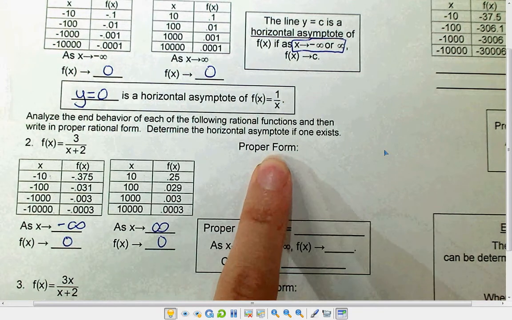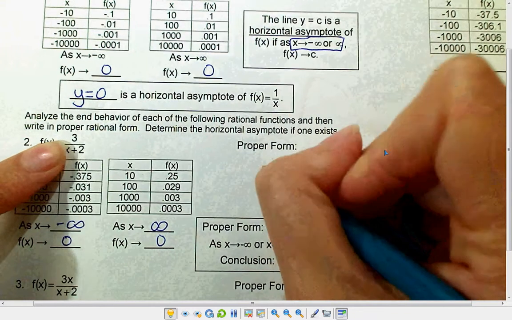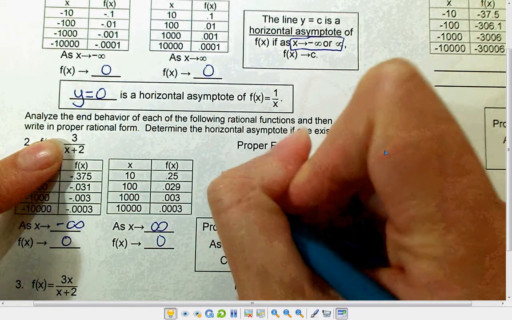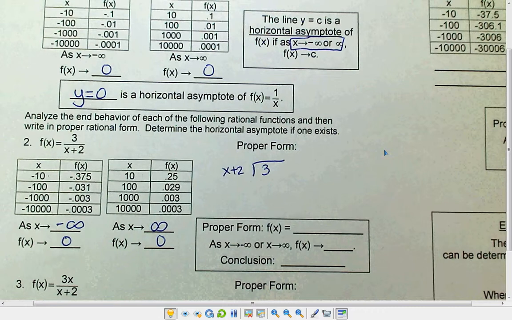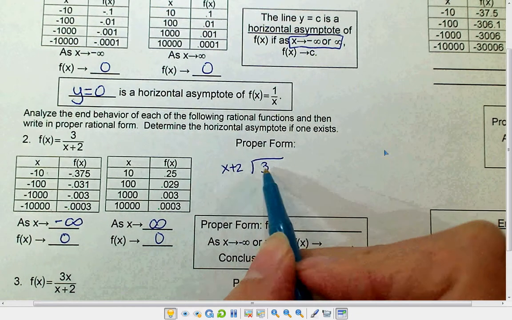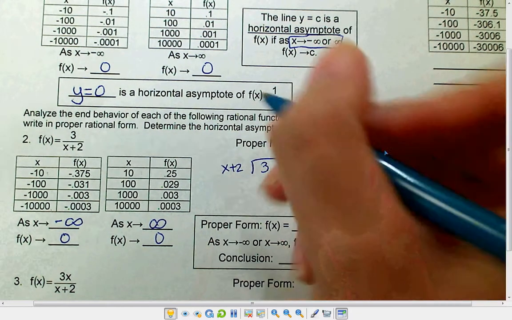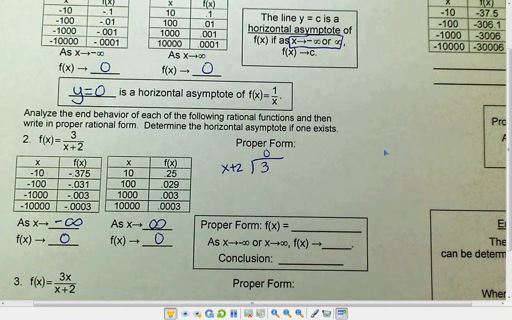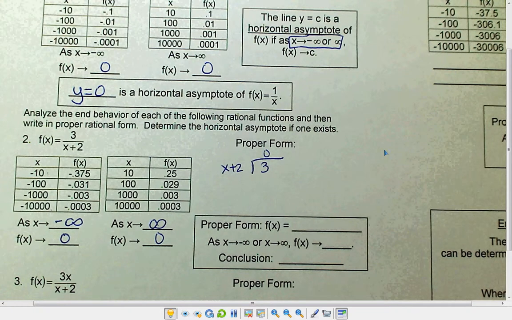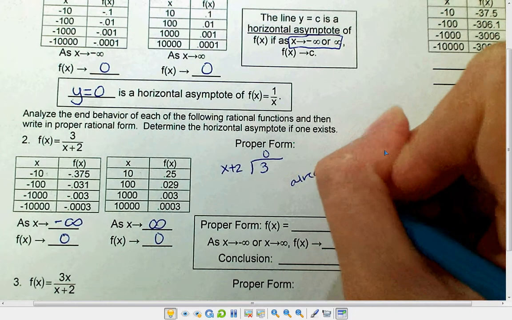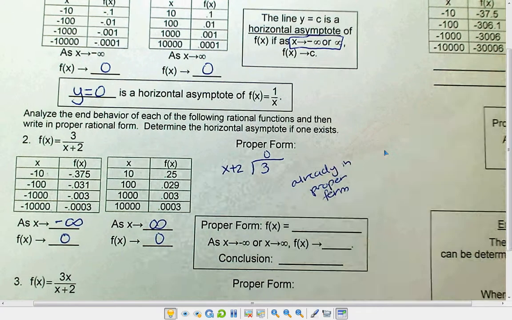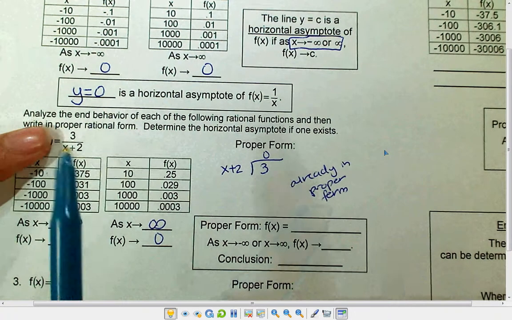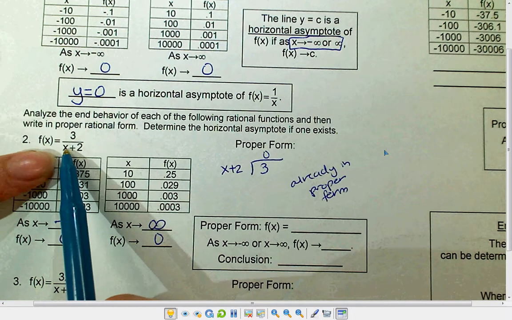Proper form is when we're trying to divide 3 divided by x plus 2. But in this case, we actually can't do this. You can't divide 3 by x, it's going to give you 0, because this is already in proper form. For proper form, we want the degree of the numerator to be smaller than the degree of the denominator.